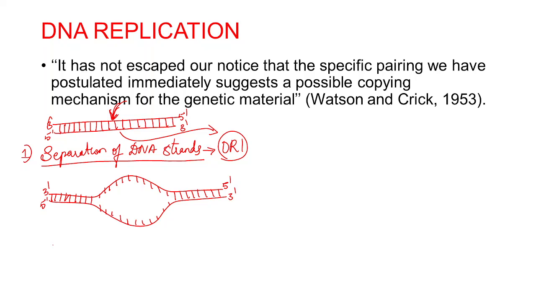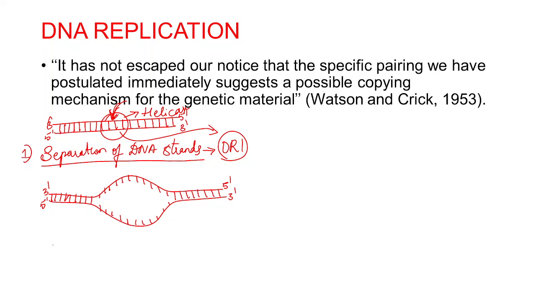So, after formation of the Ori site, what will happen? The separation will continue. And do remember how exactly the separation of the strands will take place. The separation of the strands will take place by means of a particular enzyme called DNA helicase. With the help of the DNA helicase enzyme, both the strands will get separated to form the replication fork.